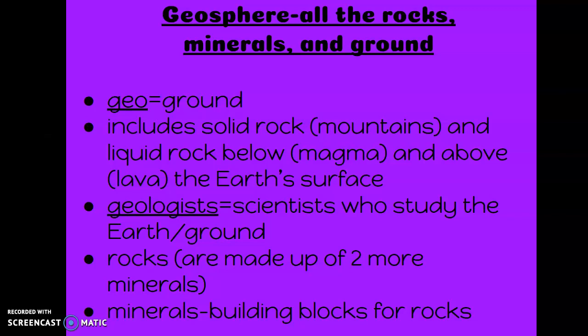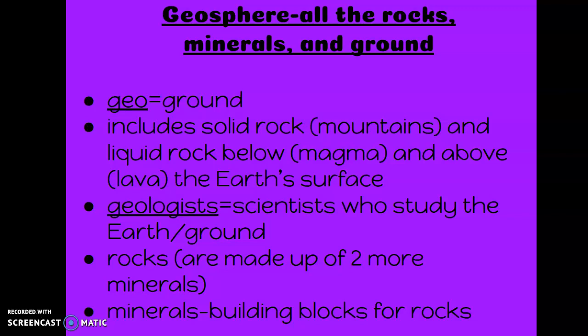It also includes liquid rock below and above the Earth's surface. So we know that liquid rock below the Earth's surface is called magma, and we know that the liquid rock above the Earth's surface is called lava. So those are examples of geosphere.